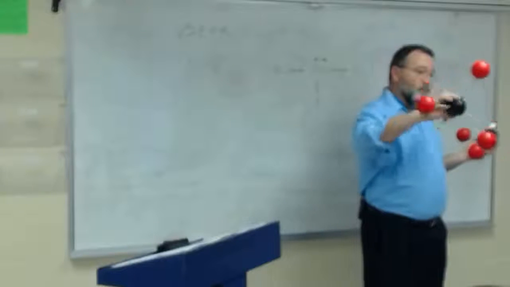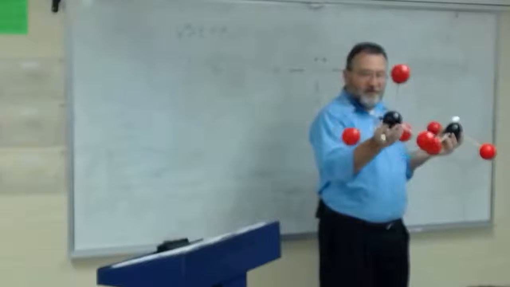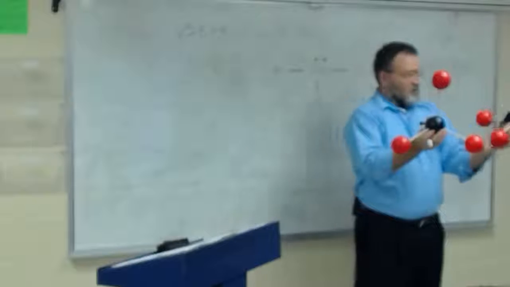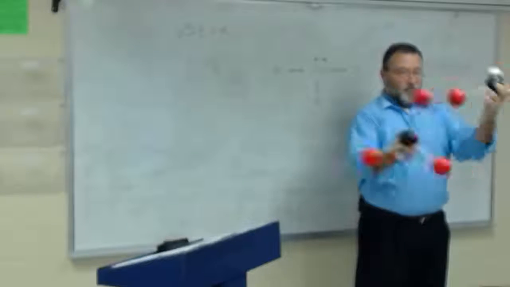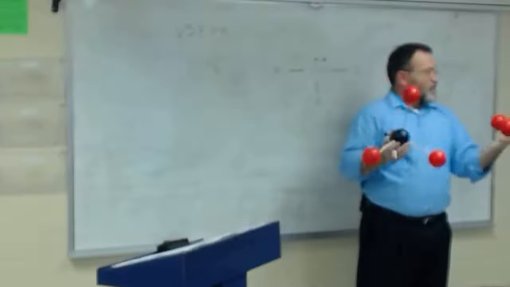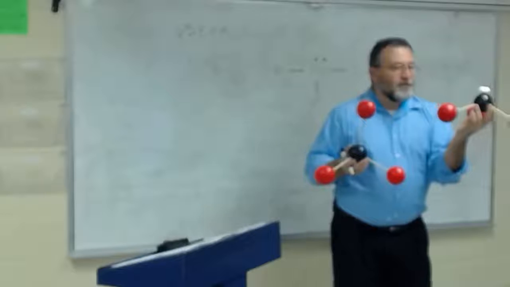Now I said that the tetrahedron forms because all the forces pushing away are perfectly balanced and perfectly equal, and so they form a perfect 109 degrees. However, on this one, if I have the same shape, but I replace this atom with an unbonded pair, and the unbonded pair has more repulsive force than the bonds, what's going to happen?